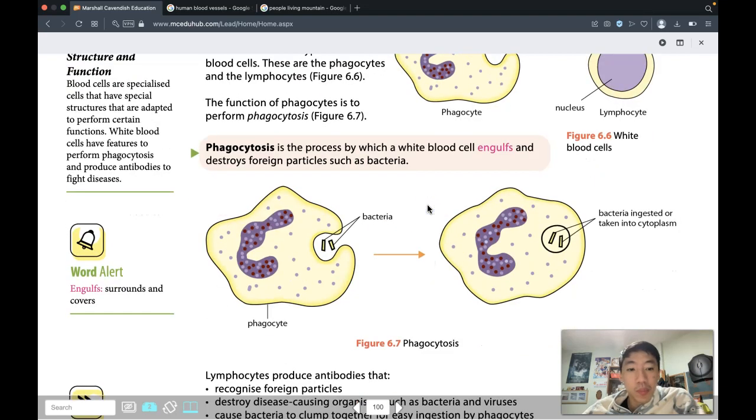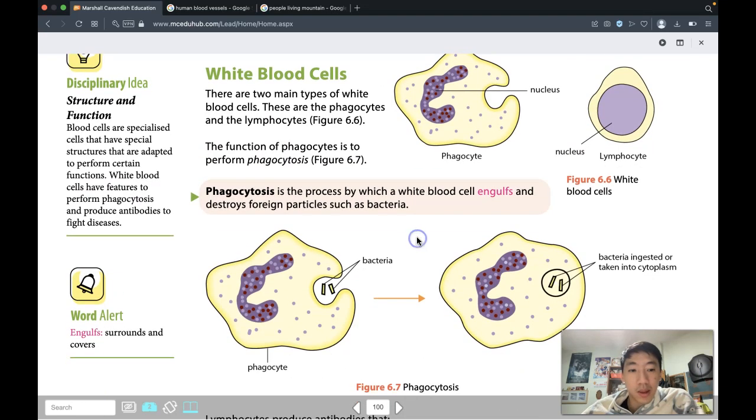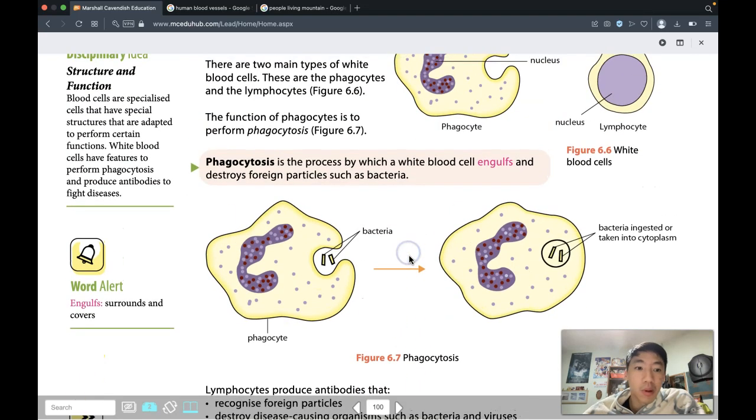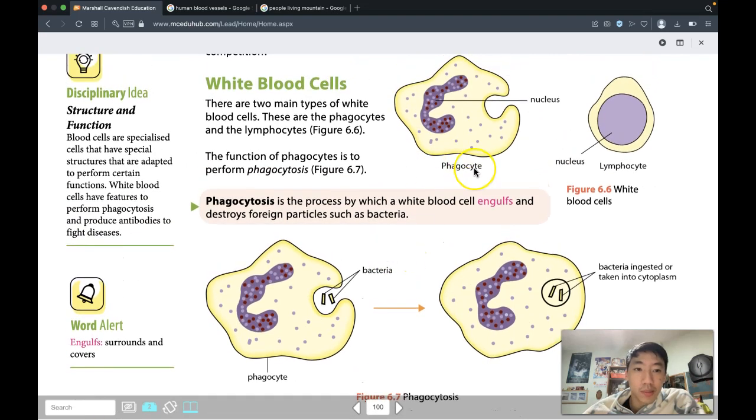Let's say some bacteria enters into your body, maybe you eat it or it enters through a wound. These phagocytes form the first line of defense in our body. They will come along and engulf this bacteria, take it in, and once it's inside them, certain enzymes in the white blood cell will destroy the bacteria. Okay, that's the first type of white blood cell, a phagocyte.